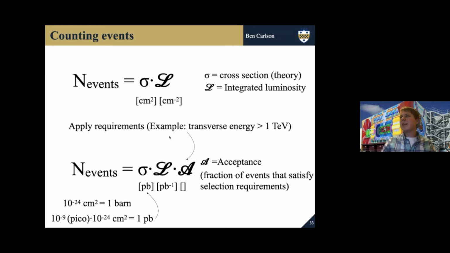Now, it's a little more complicated than that because we always apply some additional requirements to remove background and select signal, and I'll show you examples of that in a minute. So we apply some additional requirement, and that gives us some fraction of events that satisfy that requirement. So you multiply these numbers: cross-section, which comes from a theoretical calculation, luminosity, which we measure, and acceptance, which we predict based on our requirements, and then that gives us some expected number of events.